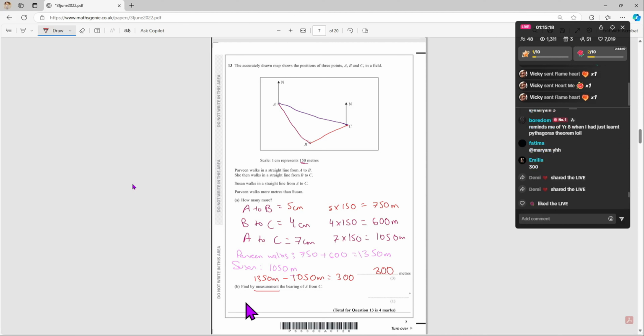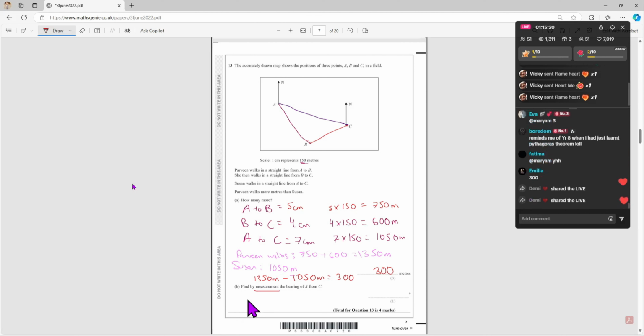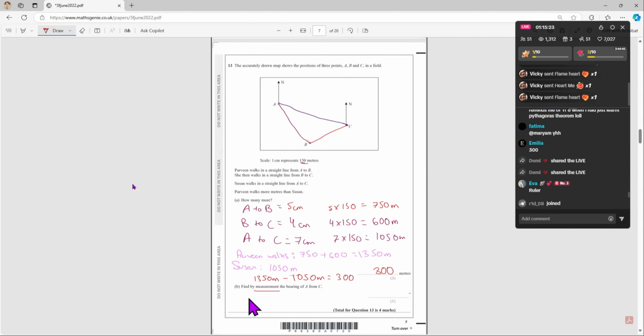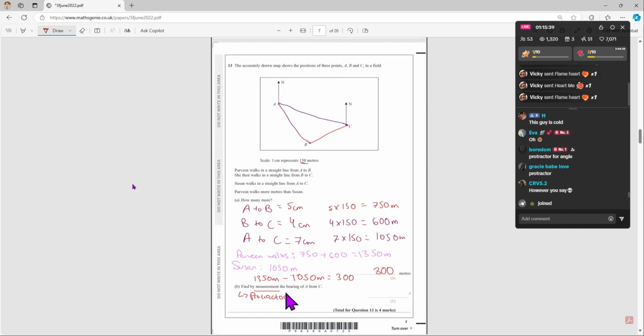Are we going to be using a compass? What are we going to be using to work out the angle? Yes, we're going to be using a protractor. You can't use a ruler, guys, to measure an angle. That was just a trick question. So it's a protractor, guys. So in the chat, tell me if you know how to use a protractor.